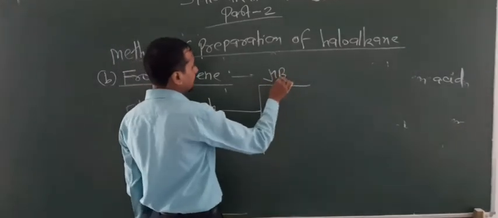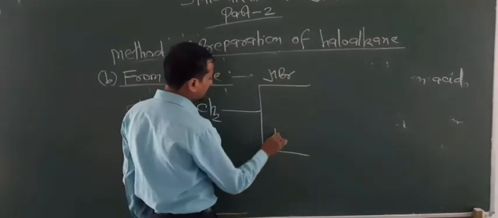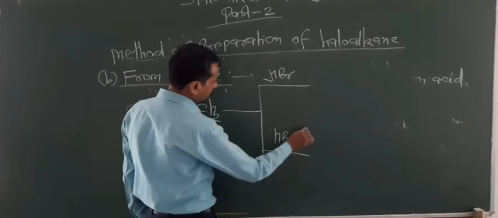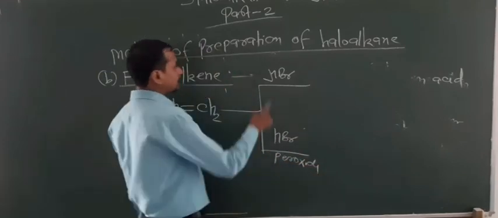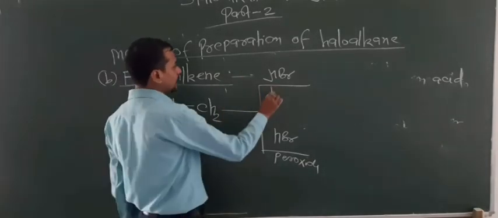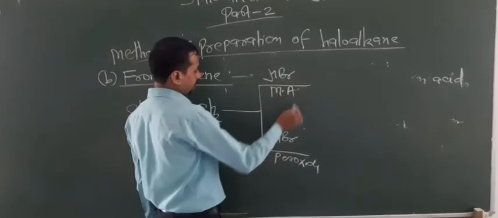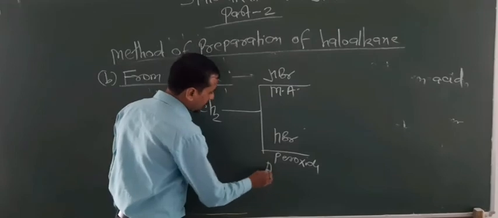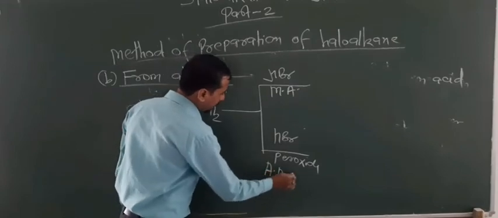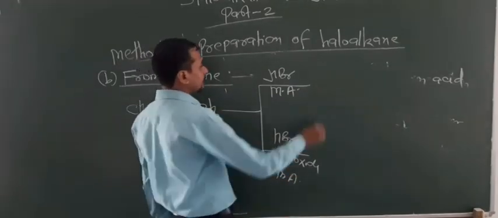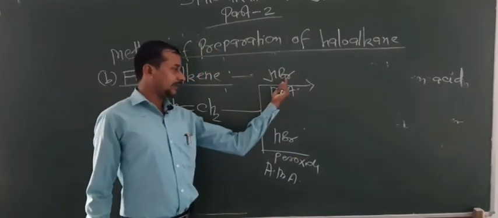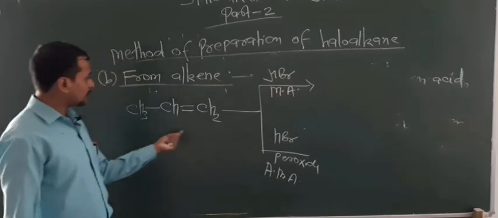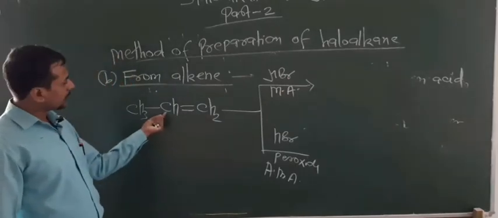Here HBr and written peroxide. So without peroxide, it will follow Markovnikov addition, and in presence of peroxide, it will follow anti-Markovnikov addition. So look again here, for the Markovnikov, the negative part, that is Br, attaches to that carbon of the double bond which has fewer hydrogens.